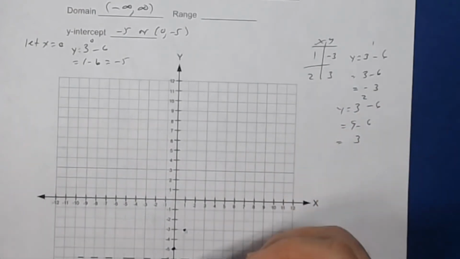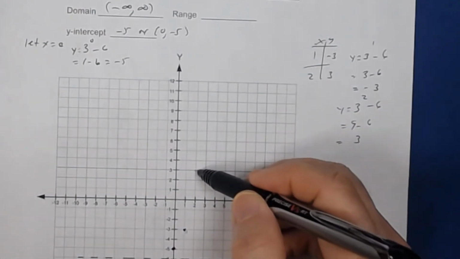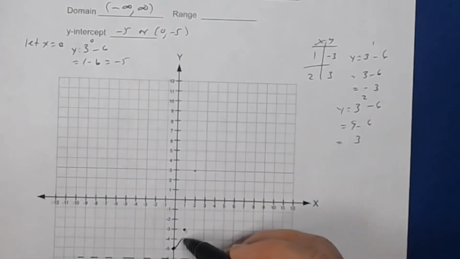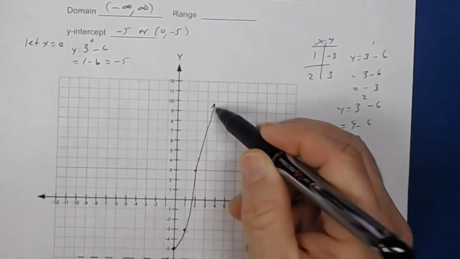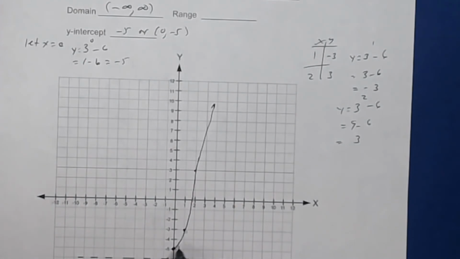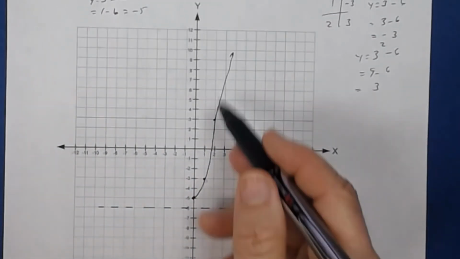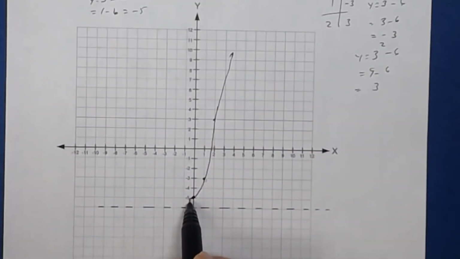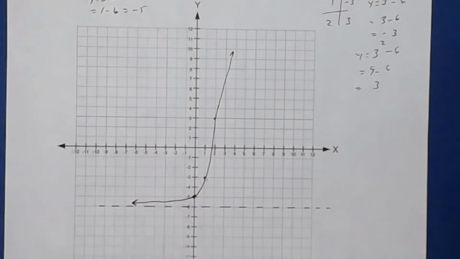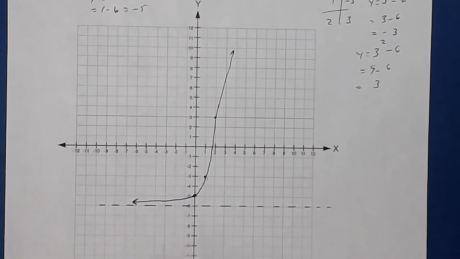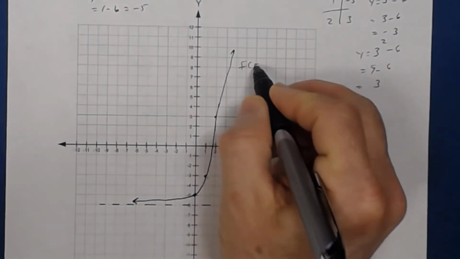So I'll plot the point 2, 3, which is here. And so I get something that looks like this on this side. Make sure it looks like an exponential function. It rises rapidly, something like that. And on this side, I didn't do a very good job with this, but it gets closer and closer and closer to the horizontal asymptote without crossing or touching it, okay? So there's the graph of f of x.